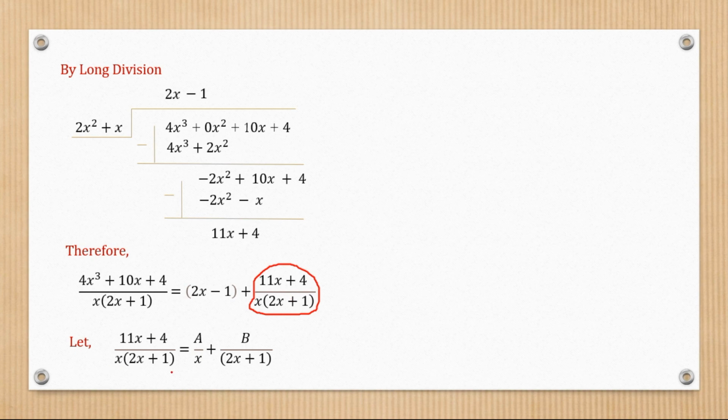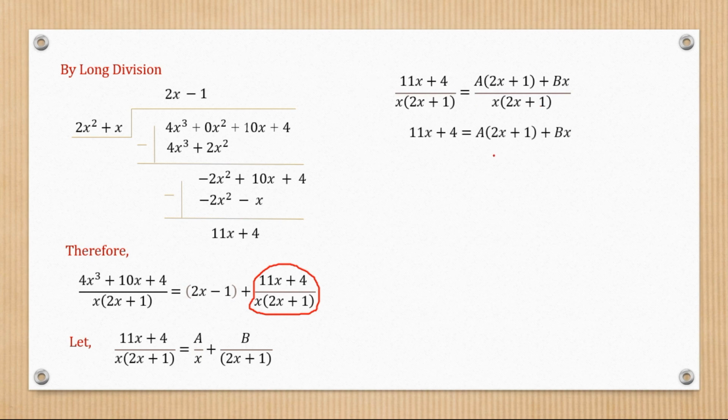Since we're dealing with linear partial fractions, we're going to have a over x and b over 2x plus 1. When you find the LCM, it is x into 2x plus 1, and these shall be our values at the numerator. Now the denominator values cancel, and we can find the value of a by letting b be equal to 0.